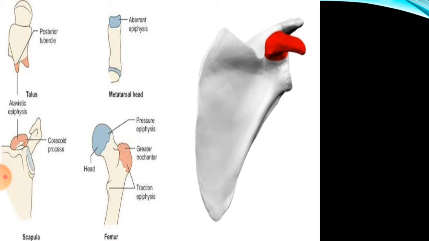You will find the aberrant epiphysis in the first metacarpal or metatarsal bone in the head part, और जो आपके पास बाकी मेटाकार्पल या मेटाटार्सल बोन्स होंगी उनमें आपको बेस में मिलेगा एपिफिसिस.